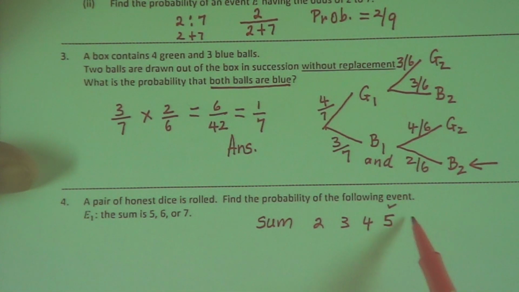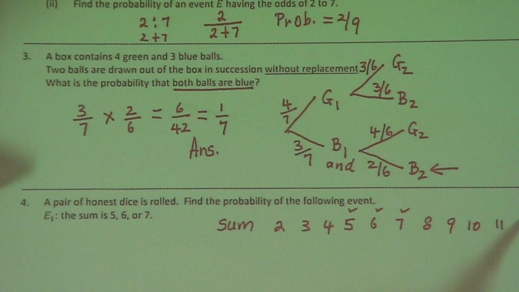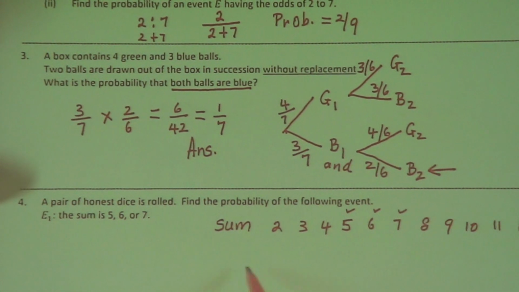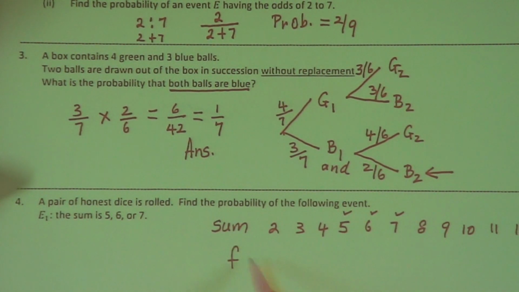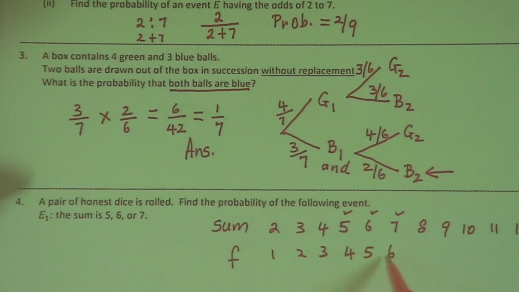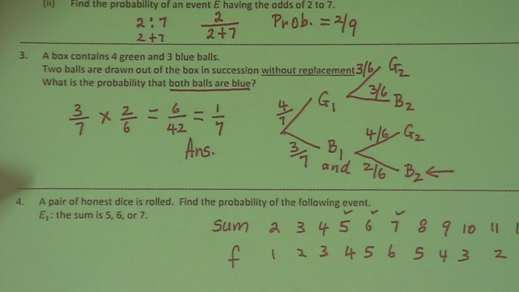We want that. 6, 7, 8, 9, 10, 11, 12. And the frequencies 1, 2, 3, 4, 5, 6. And 1, 2, 3, 4, 5, 6.